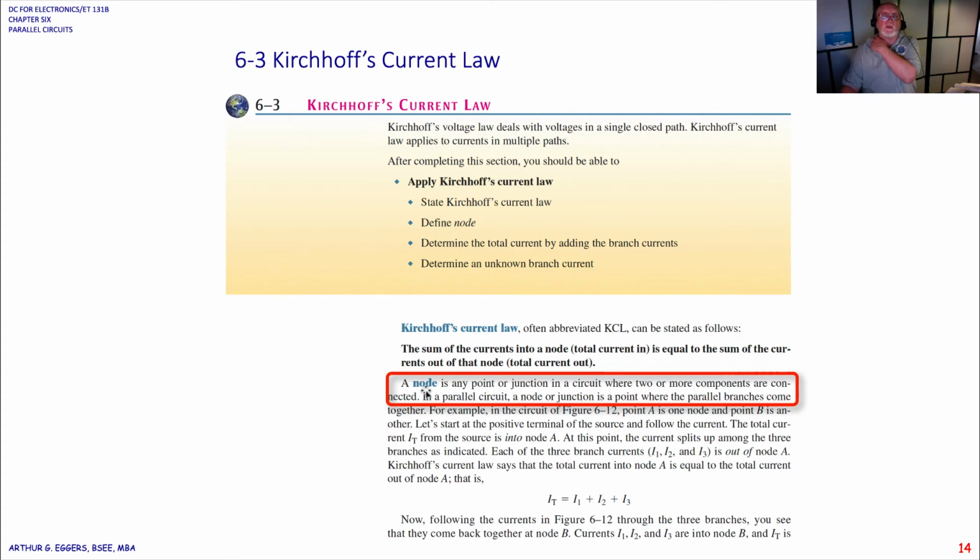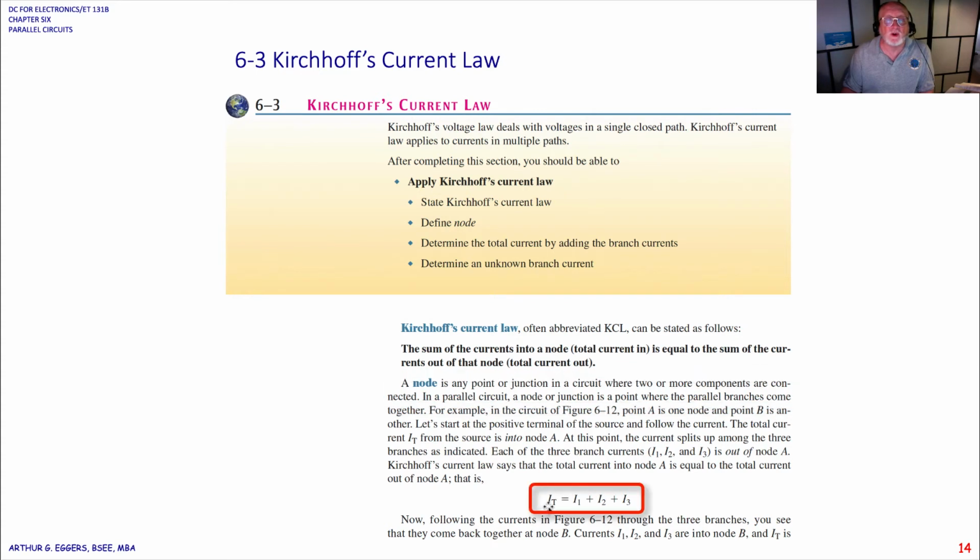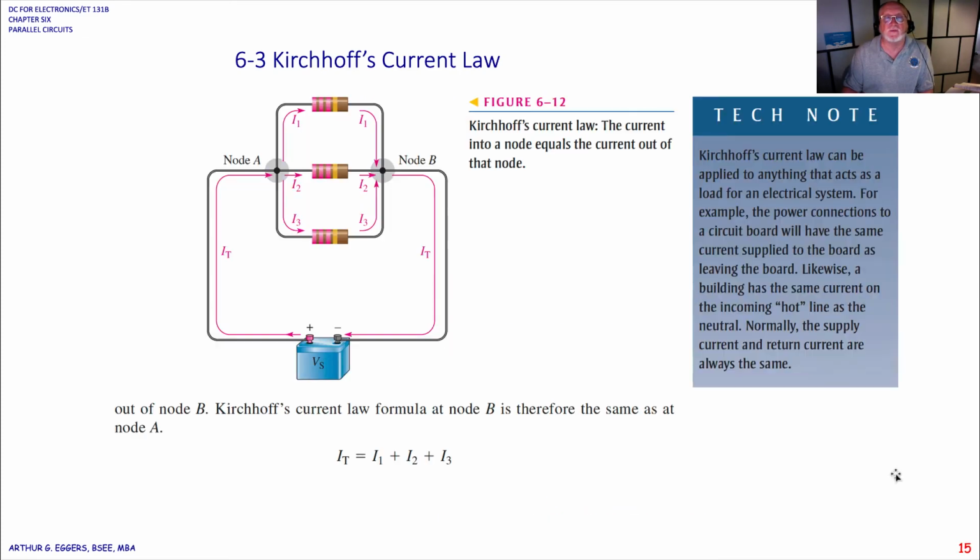We saw that in the previous examples, the ones where the 3 resistors were all tied together, node for node, across a battery. So by definition, the total current equals the sum of the current through branch 1, branch 2, and branch 3.